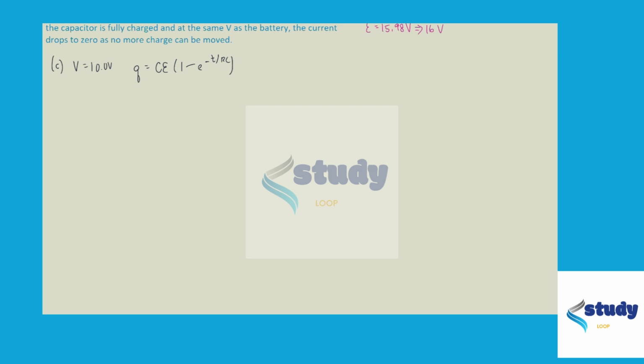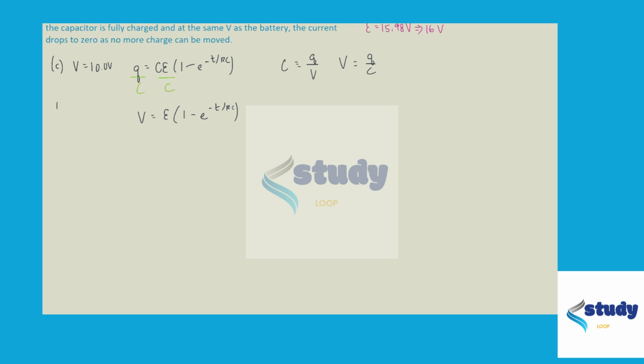And then we're going to remember that since capacitance is defined as charge per volt, we can say that the voltage will be equal to the charge divided by the capacitance. So we are basically going to take this equation and divide it by the capacitance to get a relationship for voltage. So my voltage is going to be equal to the EMF of the battery times the quantity 1 minus e to the minus t over RC.